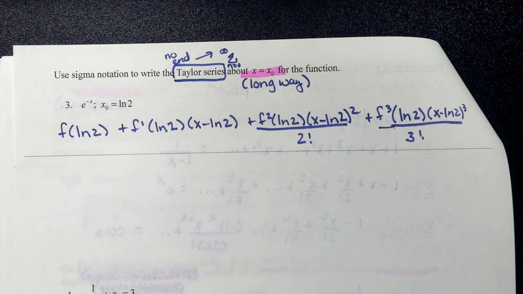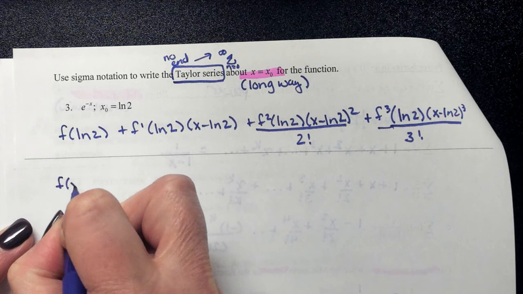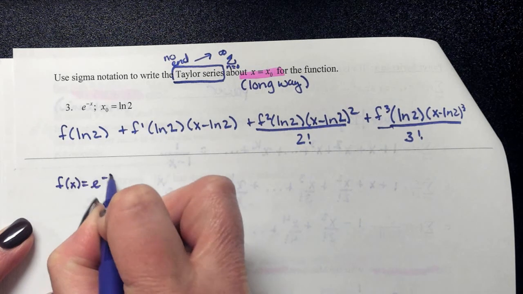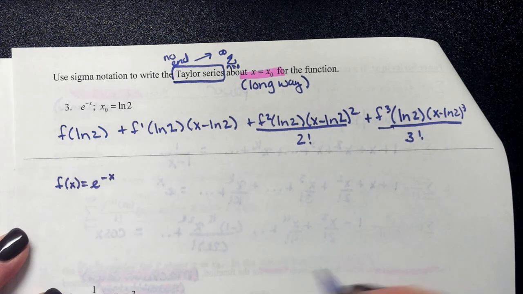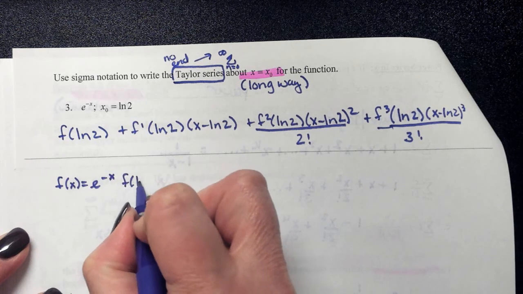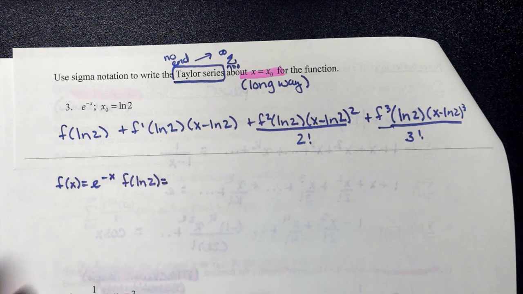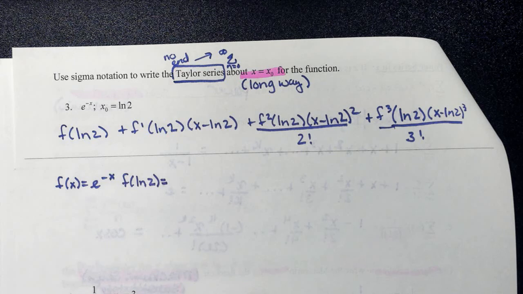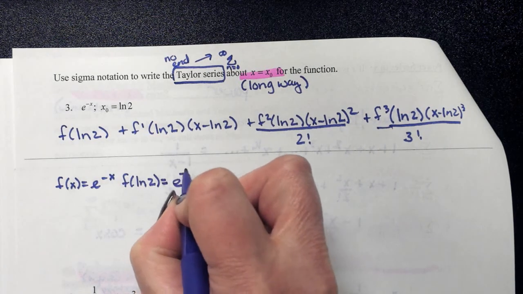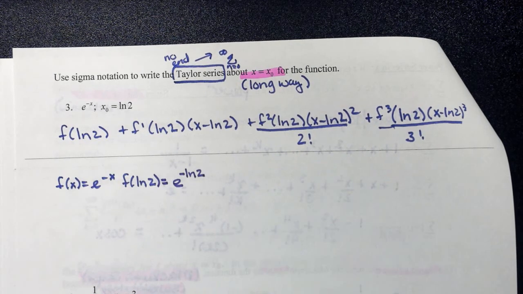So just like you had to do last night for homework when you had to generate the Maclaurin and Taylor polynomials, first of all, you know that f of x is equal to e to the negative x. So f of the natural log of 2. So what is e raised to the negative natural log of 2? And no, it's not negative 2.